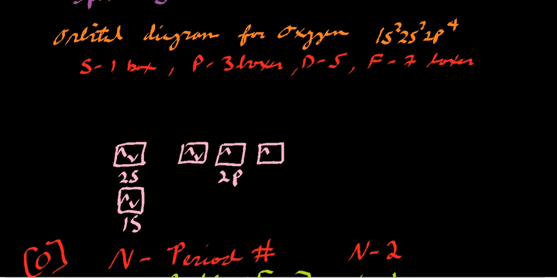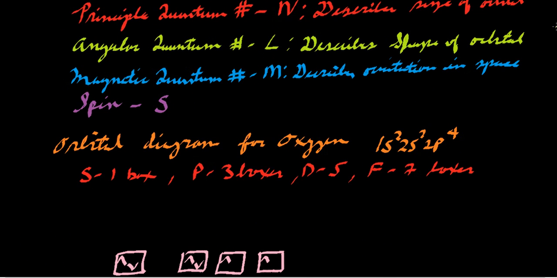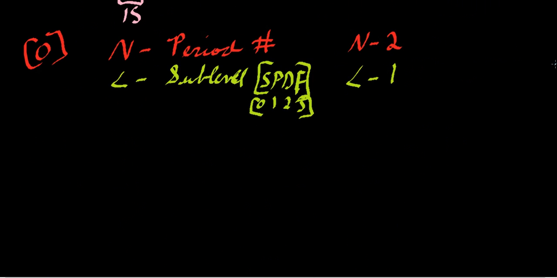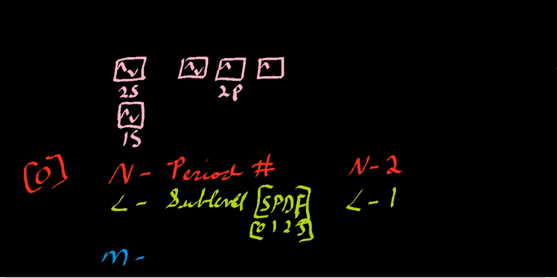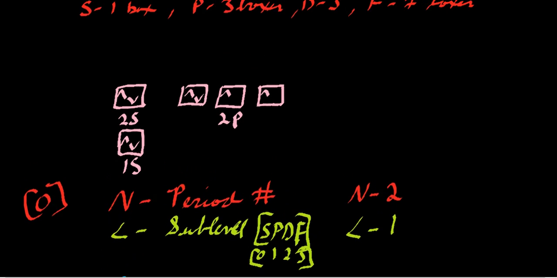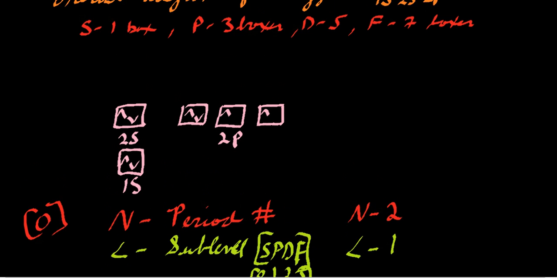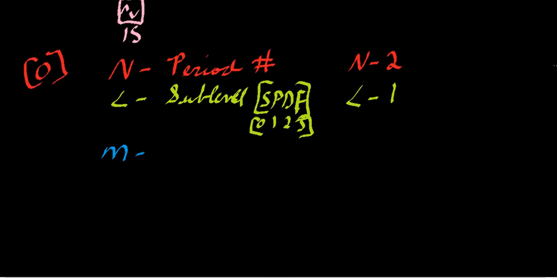Alright, then we're going to go to our M, our magnetic quantum number. There's no simple way like these to find your number, but you must use the orbital diagram. How? Well, M can be negative.